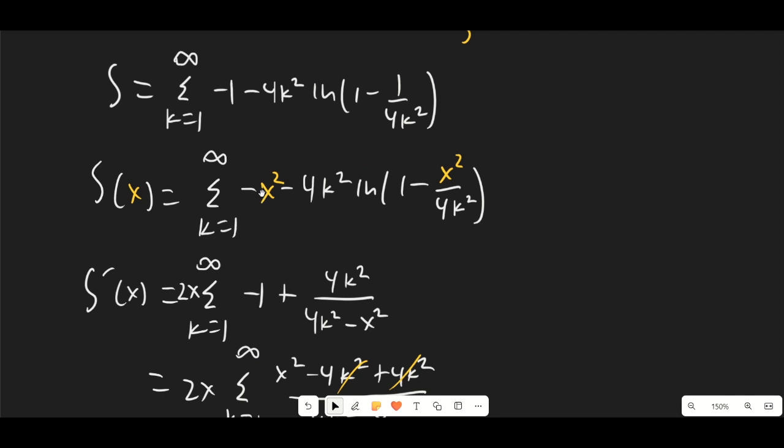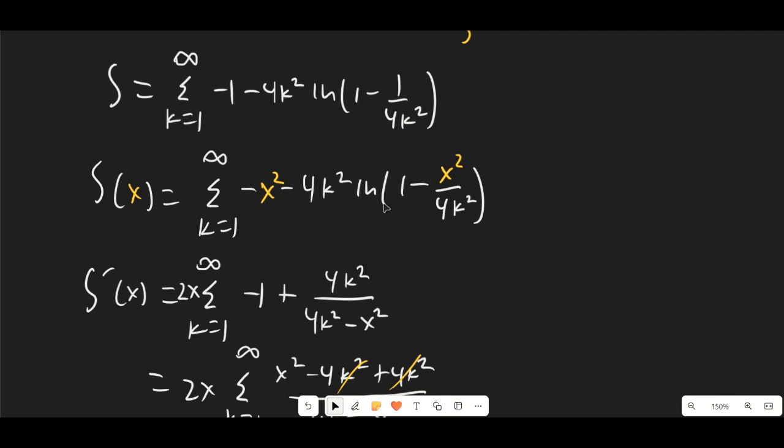And the reason I have the x squared over here is that if I just left it with the natural log here, this term would get differentiated away, and we would end up with the sum from k equals 1 to infinity of 4k^2 over (4k^2 - x^2), and it's easy to see that this just diverges. So in order for it to converge, we need to keep this minus x squared term. That's why we put x squared right here.